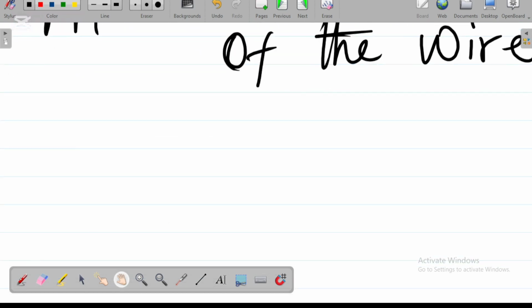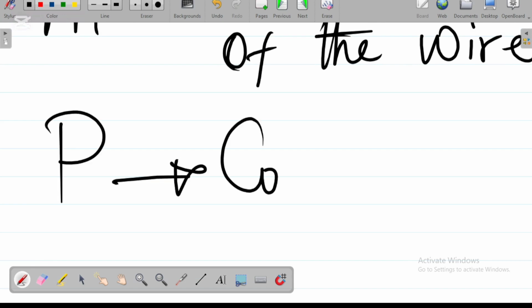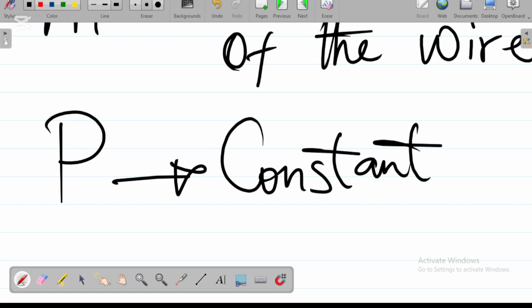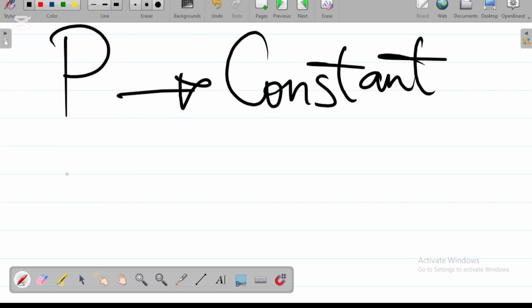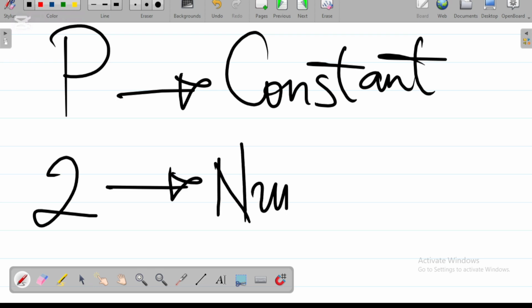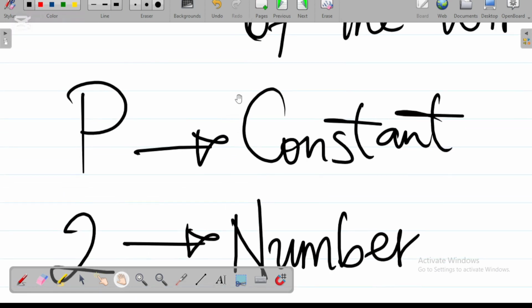So what is P? P is a constant. And remember, we also have 2 there. 2 is a number. Now, remember what I told you. When performing dimensional analysis, kindly ignore the constants and the numbers given.